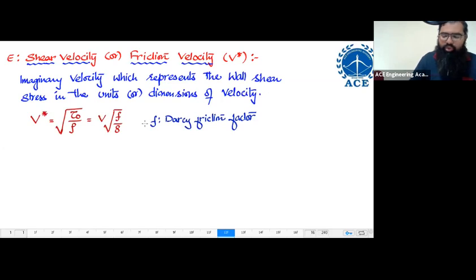This is known as your shear velocity or friction velocity. You have to memorize this formula. Last thing now, with which the basics of internal flow finish. The last point is known as the Darcy-Weisbach equation, a very famous equation.